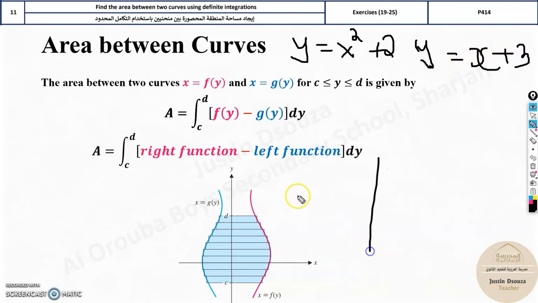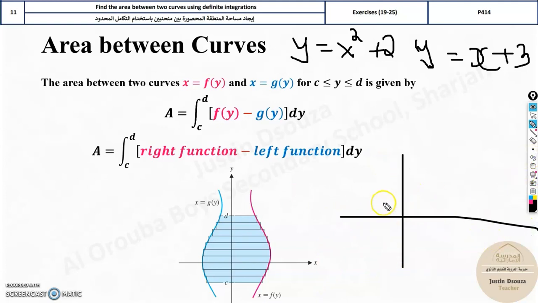If you have the x and y axes, sorry for those axes, imagine you have a line like this and a curve like this. These are the functions, and you have to find the area between them. Which is the axis that comes exactly in between them, not across, in between? If it's like this, you see the x-axis is in between them, isn't it?